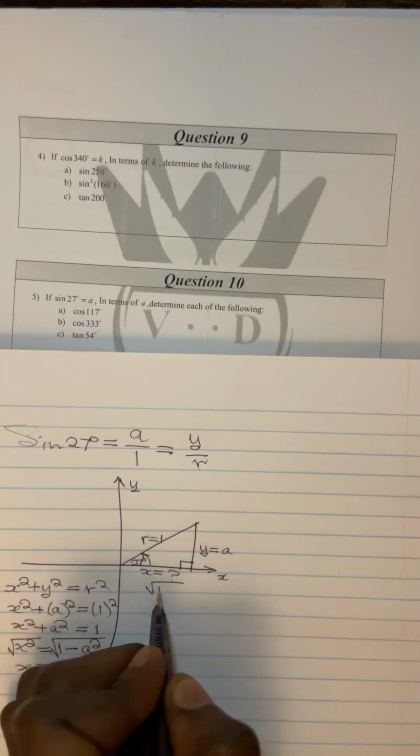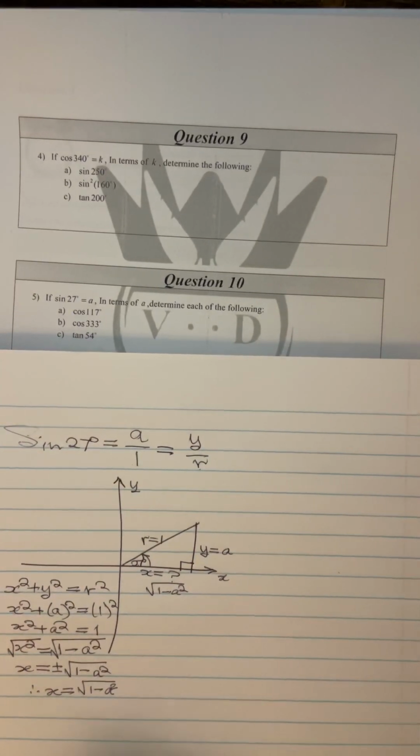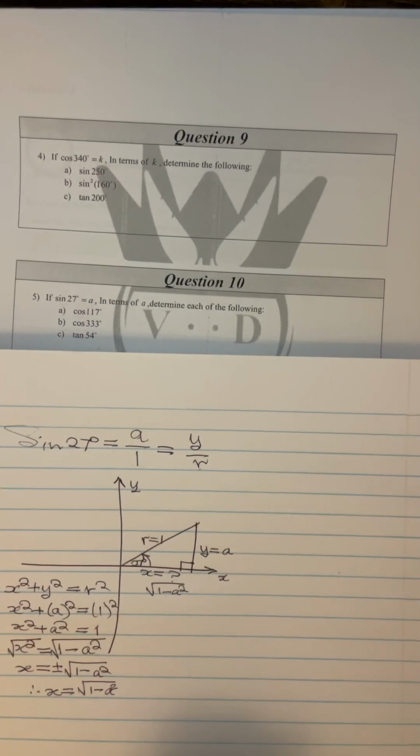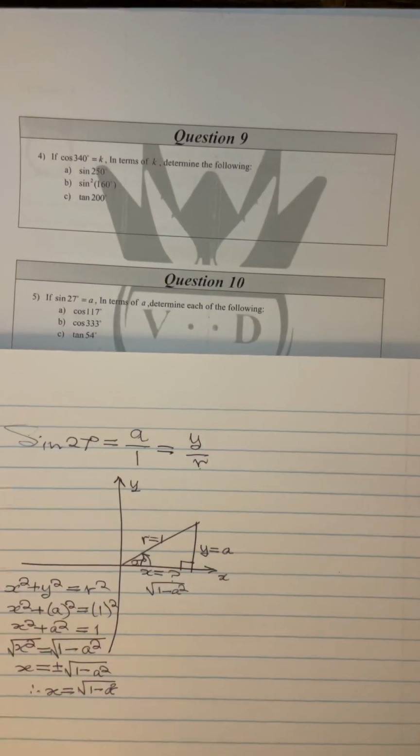Now we have solved for our x in terms of a. That's our x. Now, having calculated your x value, you have all the sides of your triangle. Therefore, you can basically be able to determine your number a.